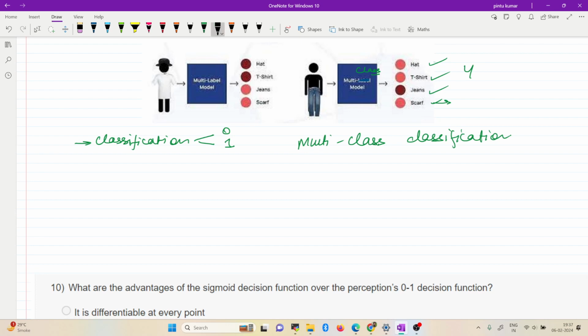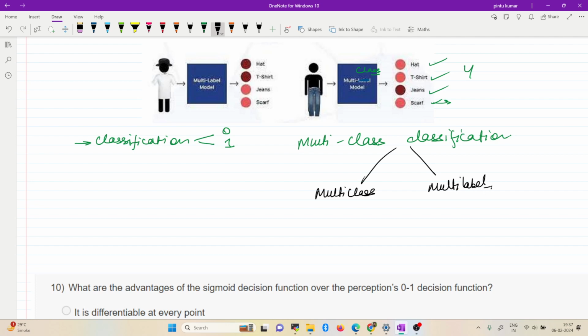So there are two different categories when you have more than two labels. One is called multi-class and one is called multi-label. I'll give you an example for both to motivate.